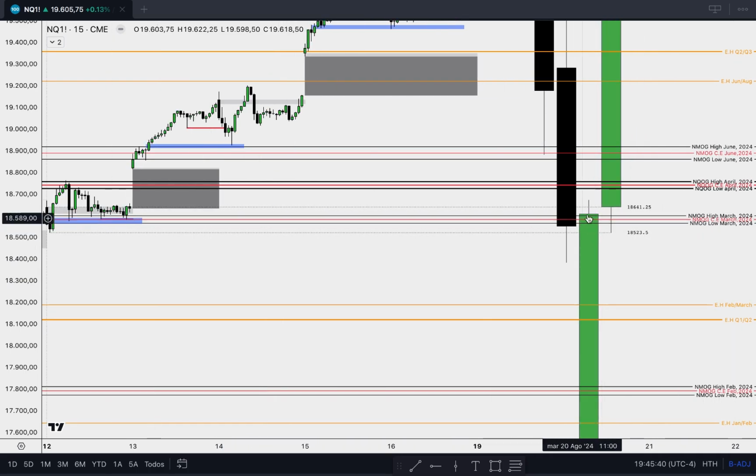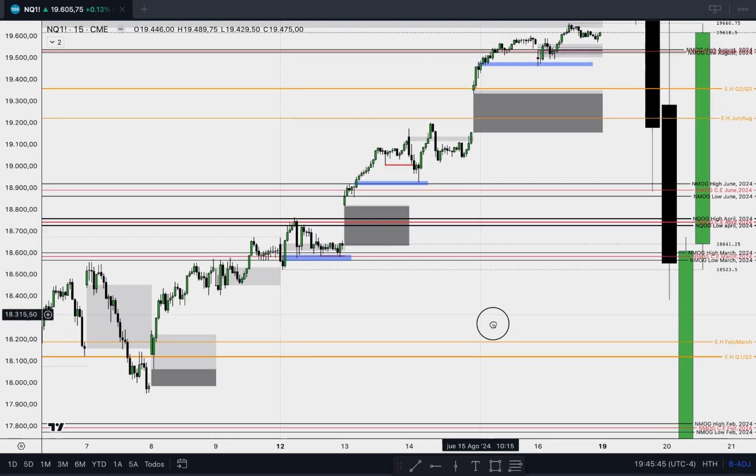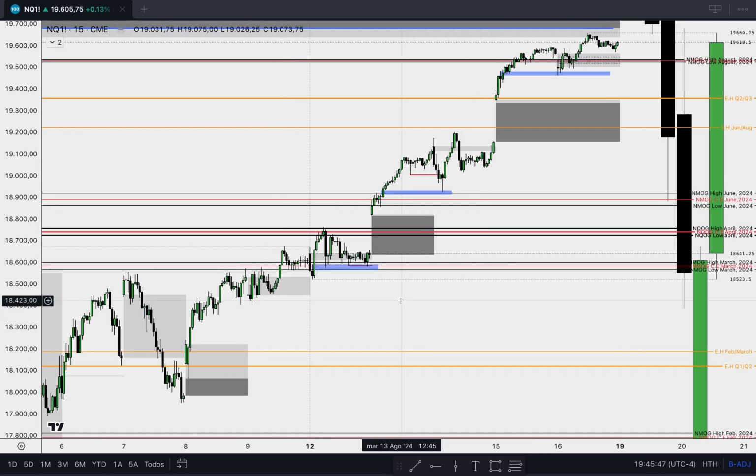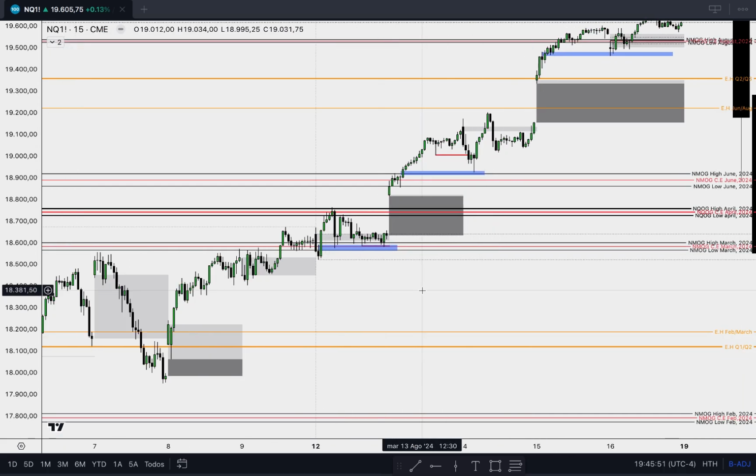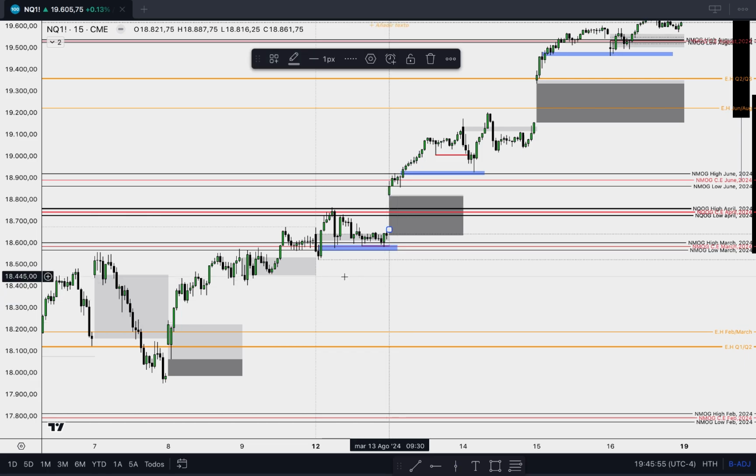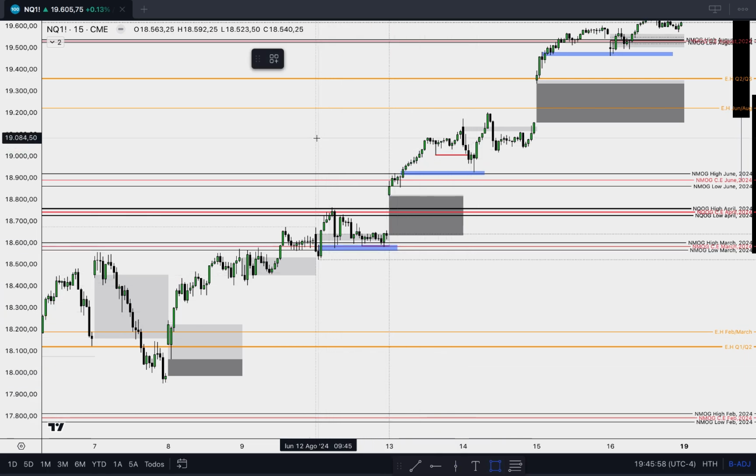Do you see? Closing above these levels. So on Monday, the first day of the week, that is this range here. This is Monday, this price action here.